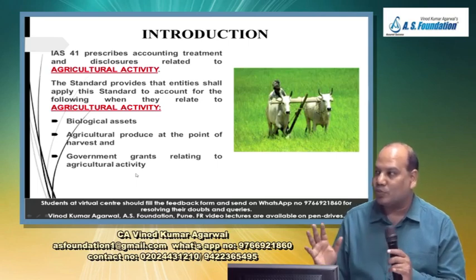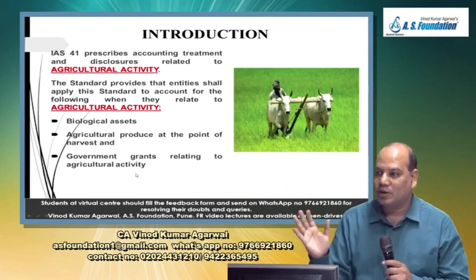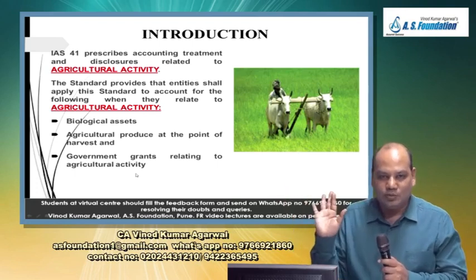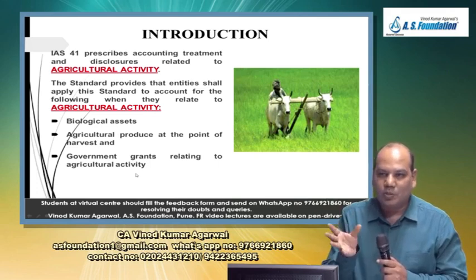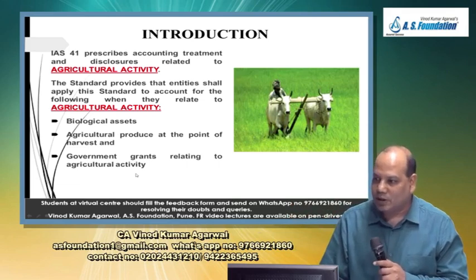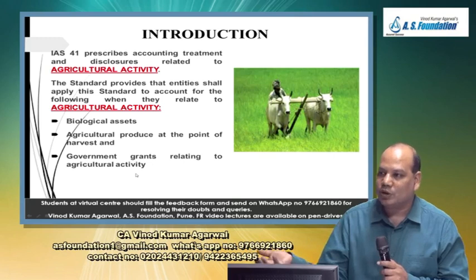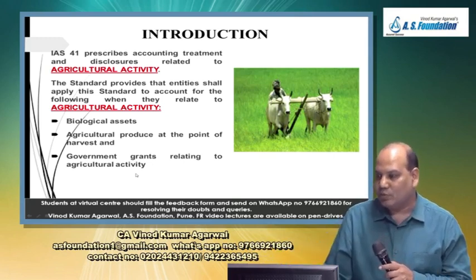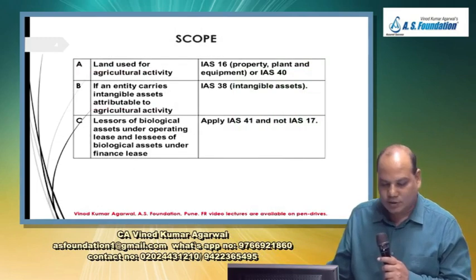Second, government wants to promote certain types of production. Otherwise, farmers will normally produce only what is more profitable to them. There will be an imbalance between different types of products available in the marketplace. So to encourage the farmers to grow something, they may be given subsidy or some other benefits. How to do accounting of that will be covered by the standard.